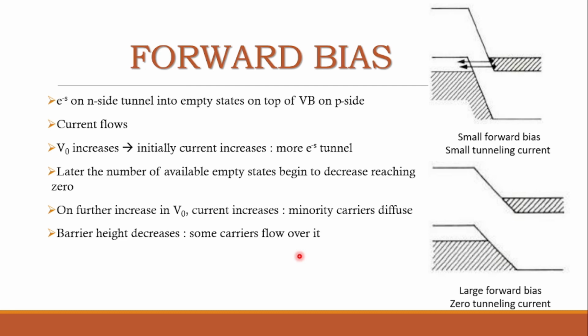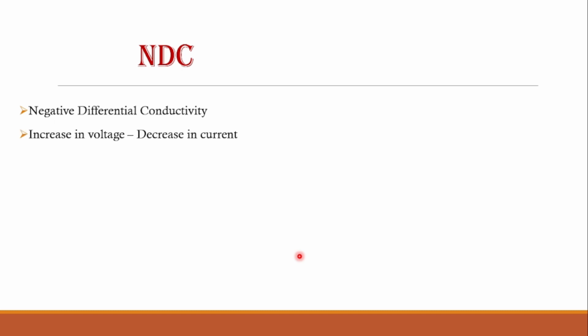What happens when the potential keeps changing? Now let us plot the IV characteristic graph which explains NDC. NDC means negative differential conductivity, and this is the main feature of the tunnel diode. Negative differential conductivity just means that as there is an increase in voltage, the current is going to decrease.